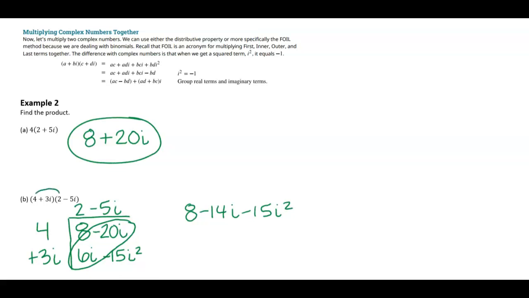Again, if you would like to use double distribution or FOIL, you end up getting the exact same thing as this organizational tool, the Punnett square. However, we are not done. You need to substitute back in that i squared is negative 1.